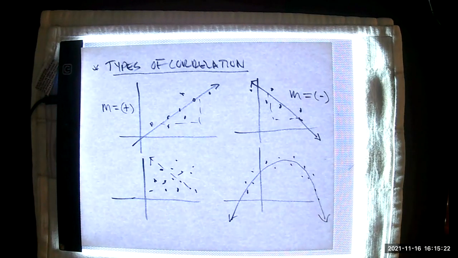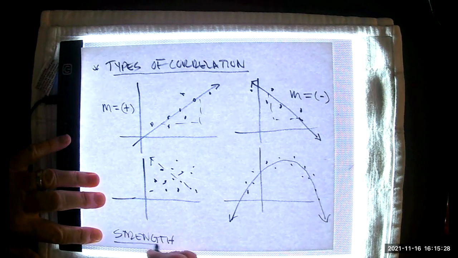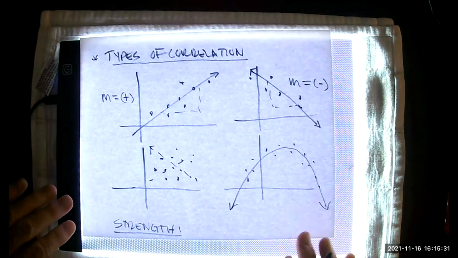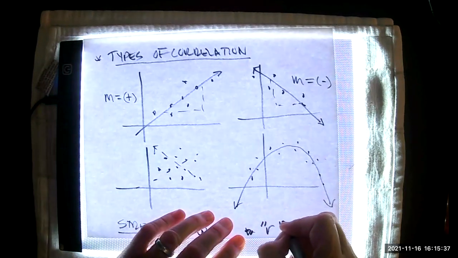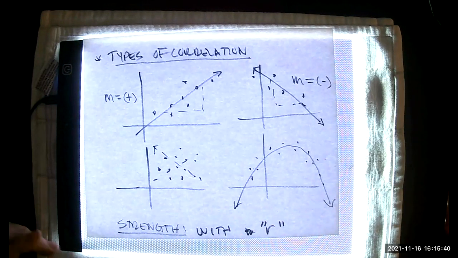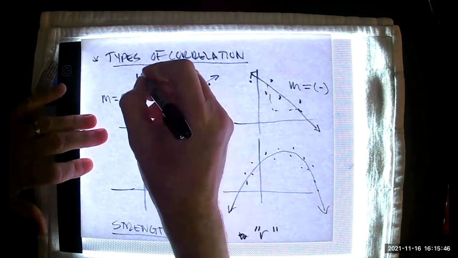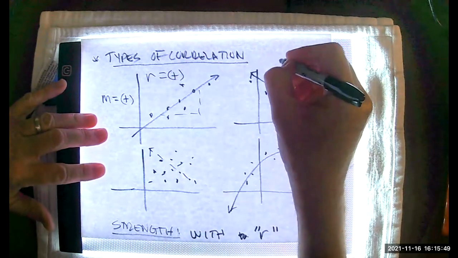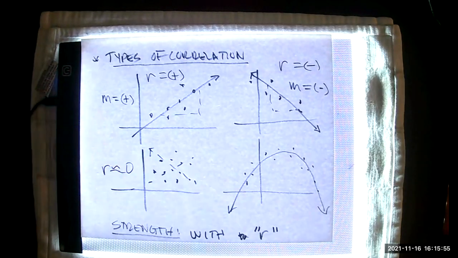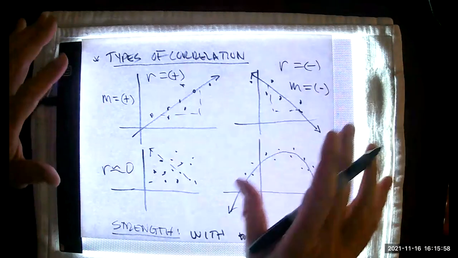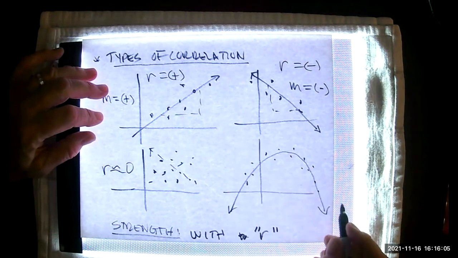Now, types of correlation, we like to measure the strength of this correlation with a value called R. I'll talk more about R as I go along tonight, but in many cases, R can be positive, R can be negative, R can be close to 0, and the range of values of R falls somewhere between a positive one and a negative one.